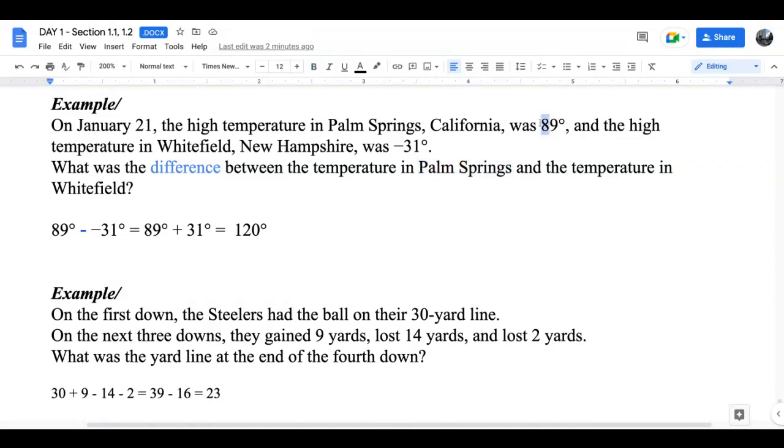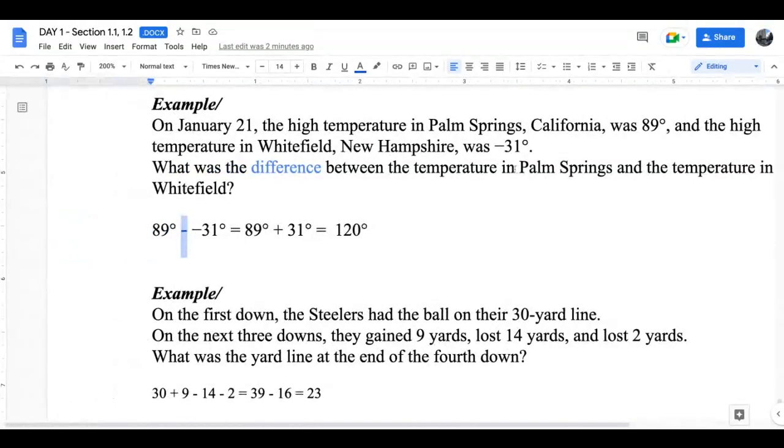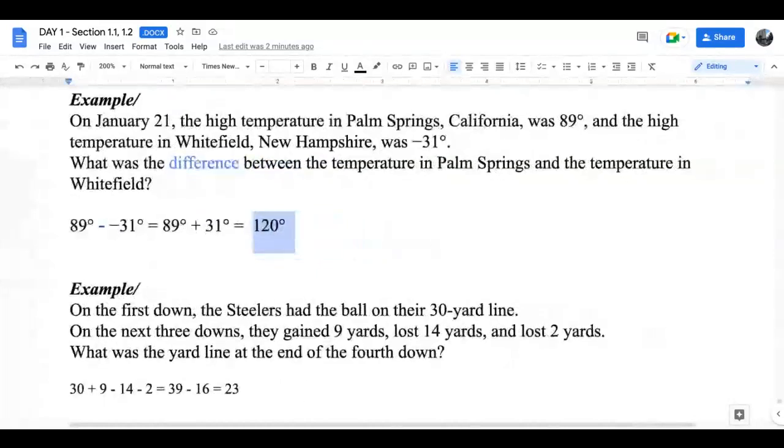Palm Springs is 89. Difference means subtract, and Whitefield is negative 31. So we have 89 minus negative 31, which becomes 89 plus 31, which is 120. So the difference is 120.